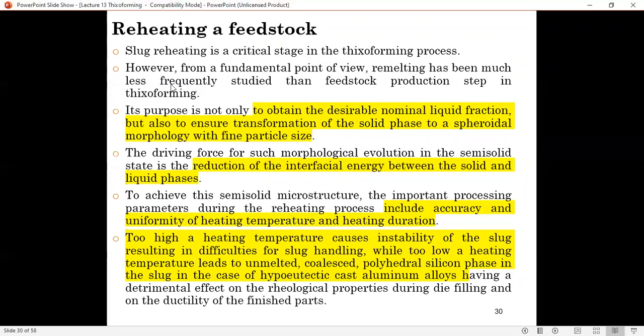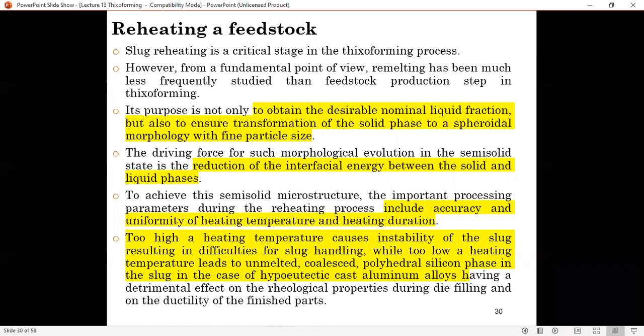This is a critical stage of the Thixoforming process. The purpose is to obtain desirable nominal liquid fractions, while ensuring transformation of the solid phase to spherical morphology with fine particles. As mentioned initially, you want about 30 to 50% liquid fraction during the Thixoforming process.